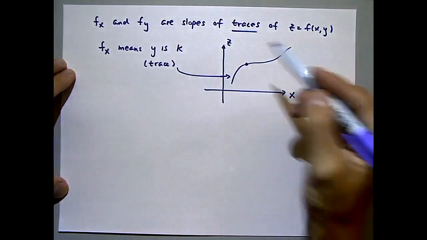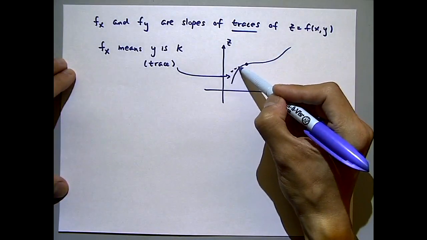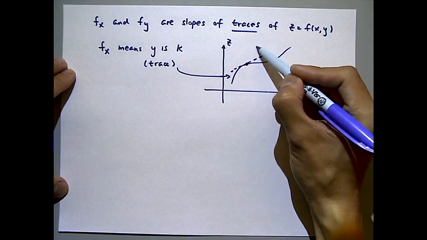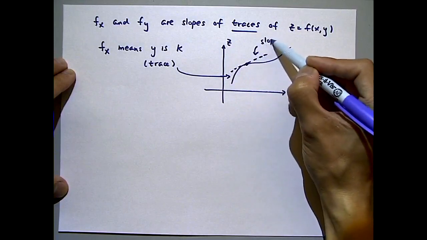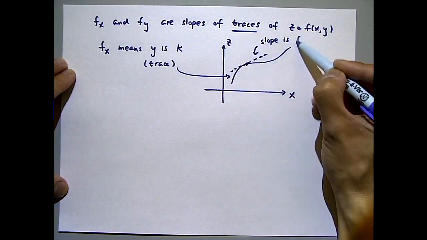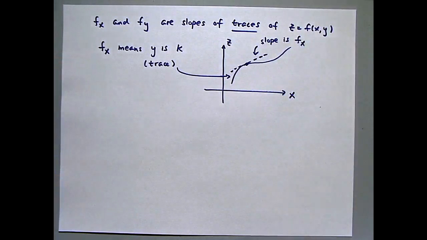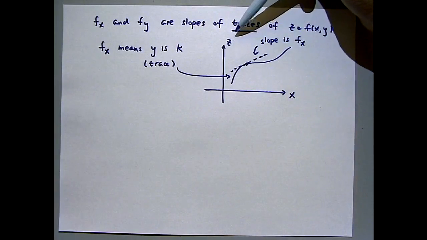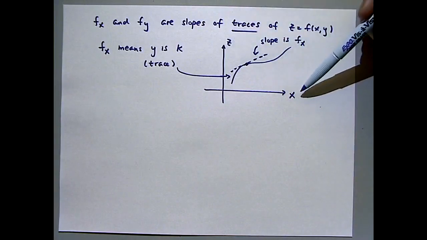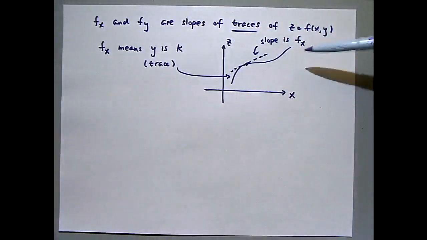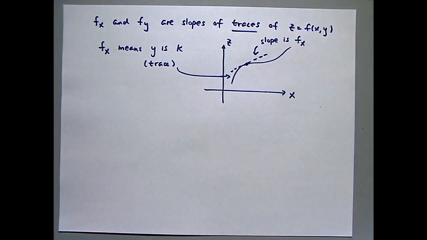So at any particular point, if you look at the slope, that slope right there is f_x. How z is changing with respect to x. So this is the standard idea that you already know from one variable calculus, just the slope at some point.